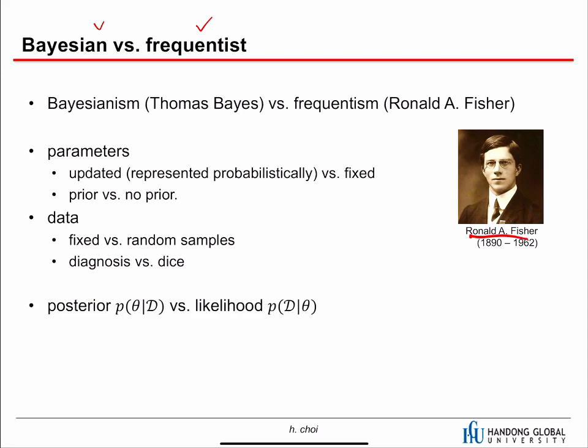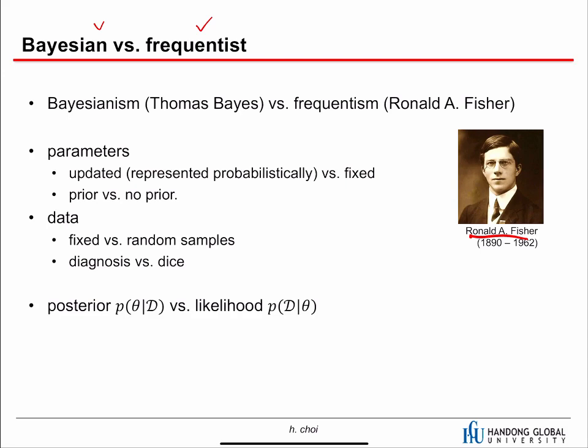Okay, the Bayesian thinks the parameters are supposed to be updated, and the parameters are represented probabilistically. But the frequentist says a parameter is fixed. Think about the dice or coin. There is a coin with head and tail. When you toss a coin, you will see head or tail.